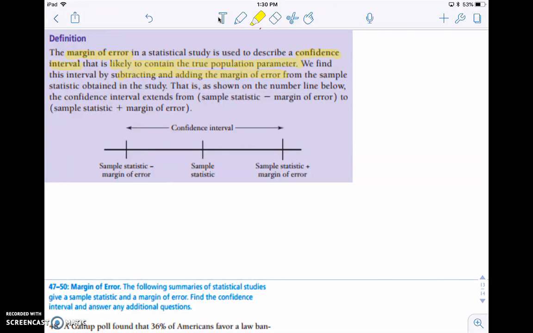This is shown on a number line here. Say this is your sample statistic, the percentage of people with internet in their home, and then we have a margin of error. To get the confidence interval, we add and subtract to create these margins, this confidence interval.